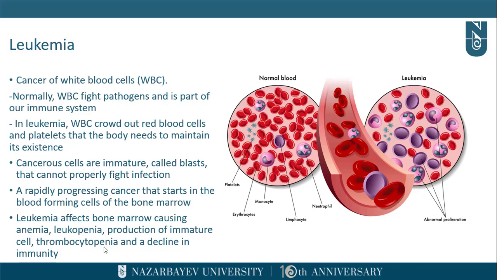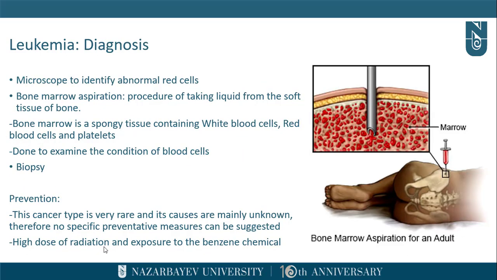decline in immunity. How can it be diagnosed? We would look at abnormal red cells. We can also take, with a syringe, liquid from the soft tissue. That's called bone marrow aspiration.